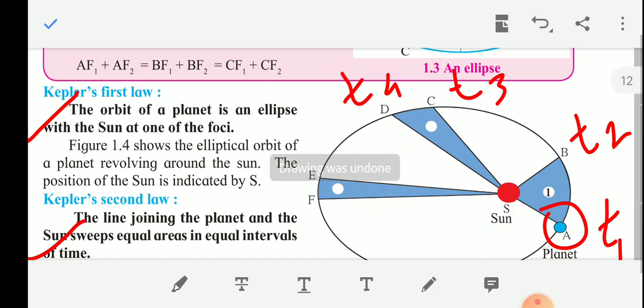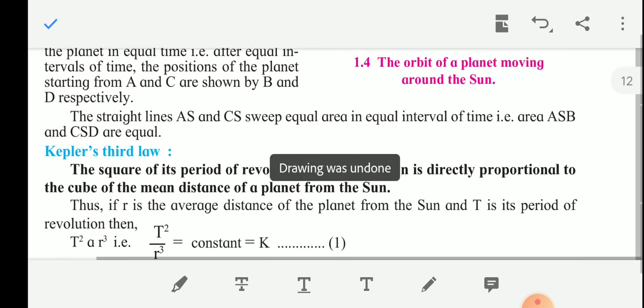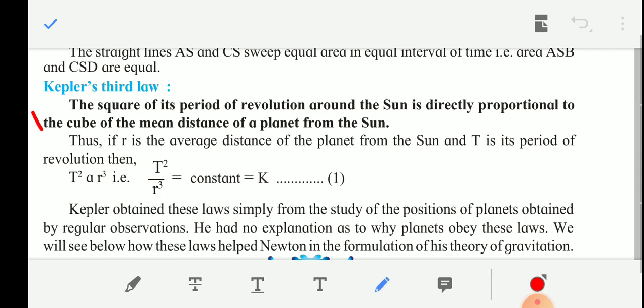Now, the next part is Kepler's third law. It's very simple. The square of its period of revolution around the sun is directly proportional to the cube of the mean distance of the planet from the sun.